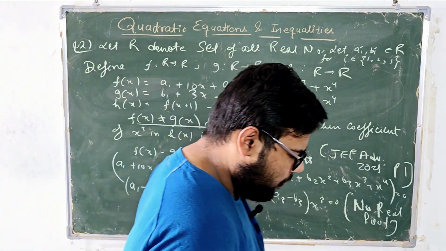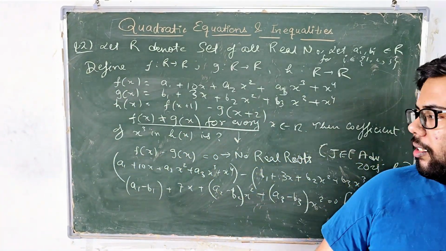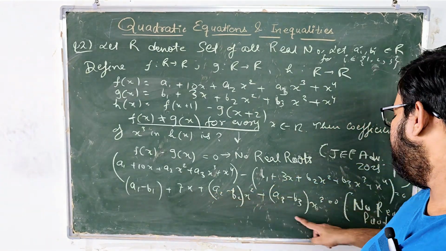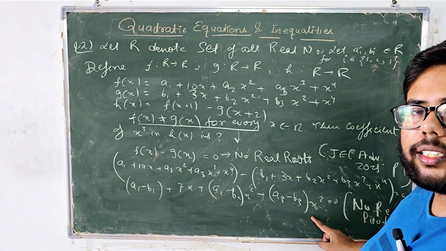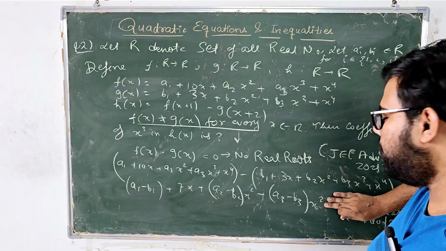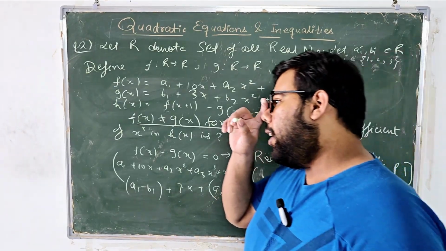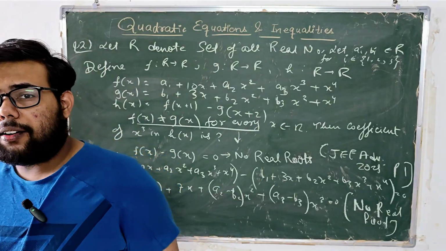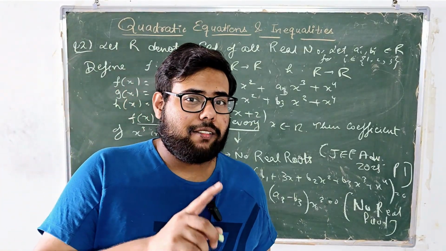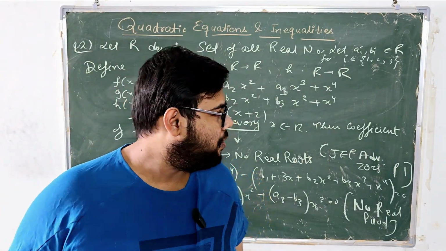Okay, now notice one thing. This is a cubic polynomial, right? Suppose it's not equal to 0, so it is a cubic polynomial, right? And a cubic polynomial always has at least one real root. Why?